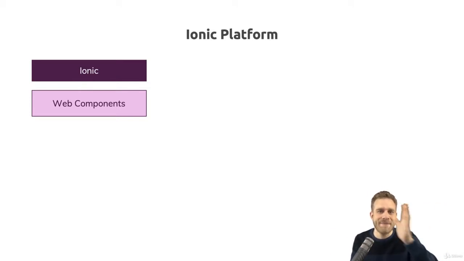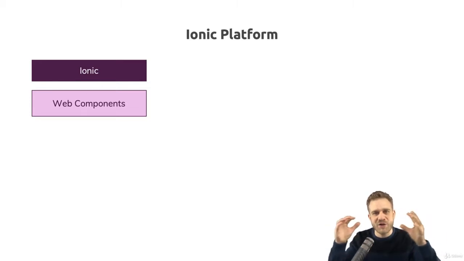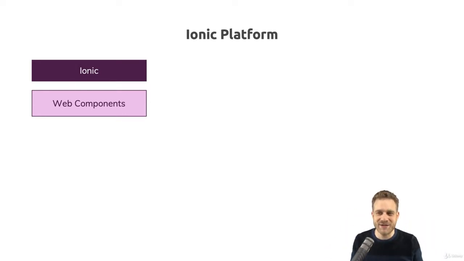Something like a tabs component, let's say, where the user can toggle between different tabs. In the past, you could build something like this on your own by writing your own HTML, adding your own CSS, and adding your own JavaScript logic. Ionic gives you such a functionality packaged up in a finished, ready-to-use web component. And it has lots of web components you can use.